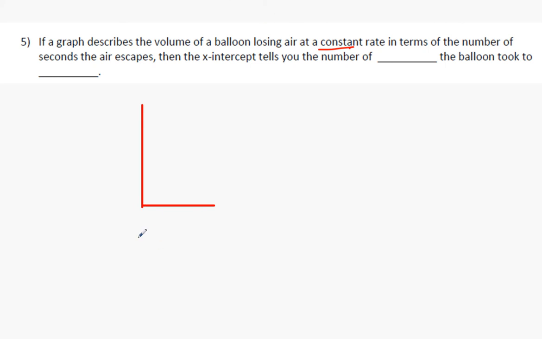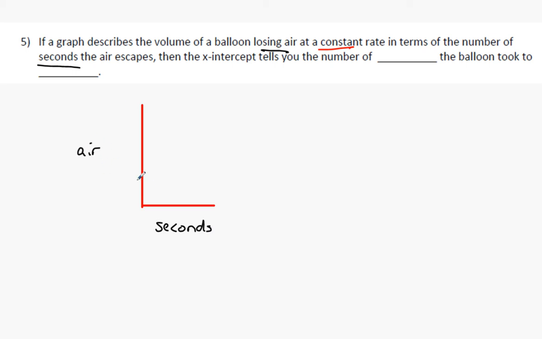We have an x, y-axis. We're talking about losing air, so one axis should be air and the other is seconds, something in time. Time is almost always independent, so seconds go down here, which makes this the volume of air.